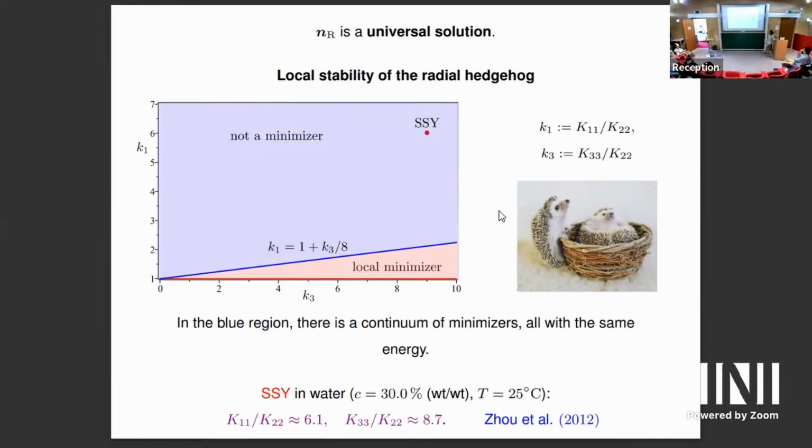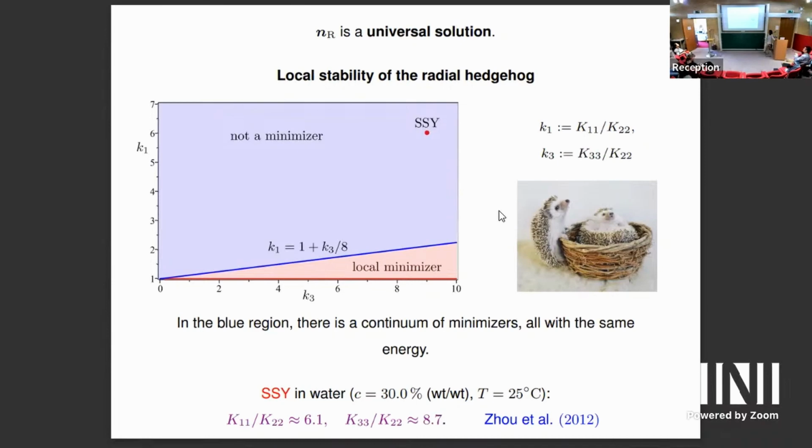And here I depicted the region of interest of the local stability of the radial hedgehog, and they are found to coincide within both theories. And here, K1 and K3 are defined as the ratios between K11 and K22 and K33 and K22 respectively.